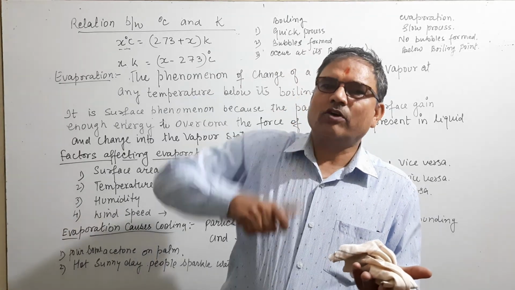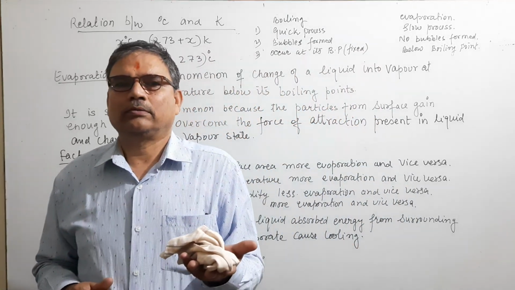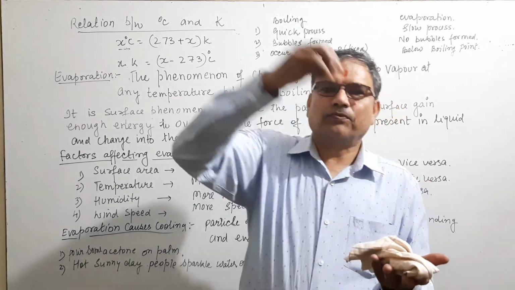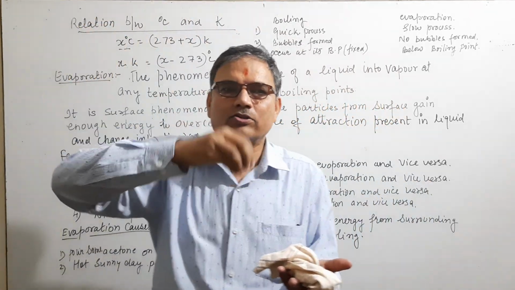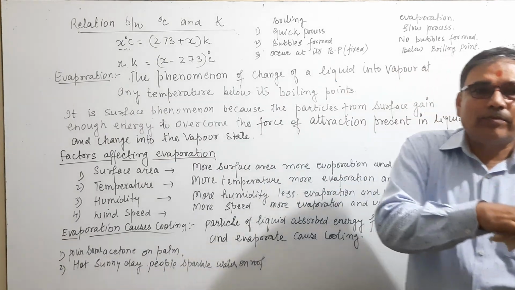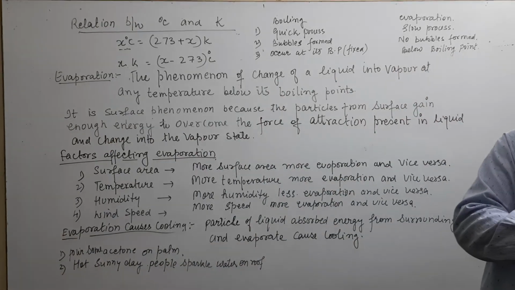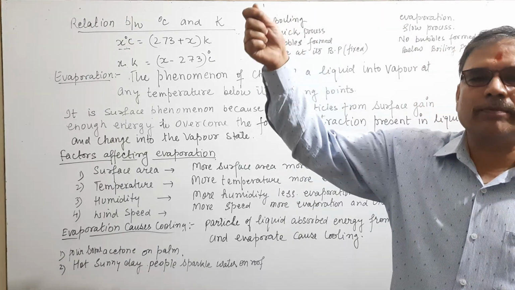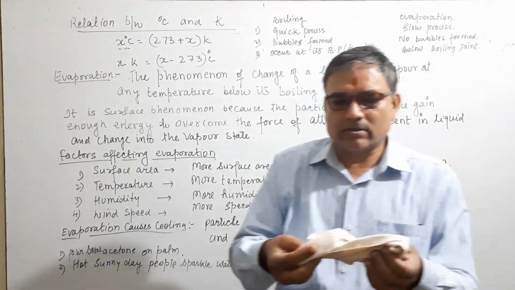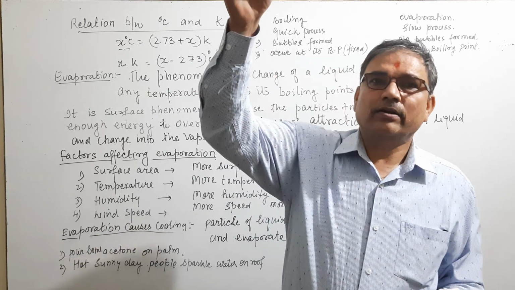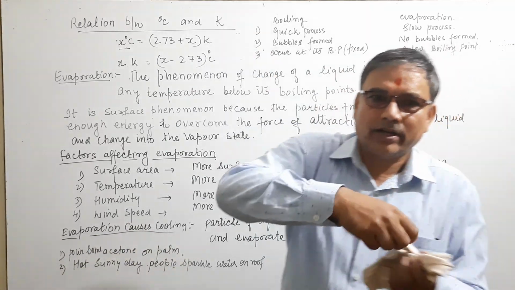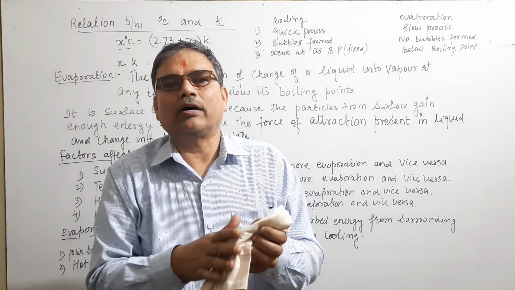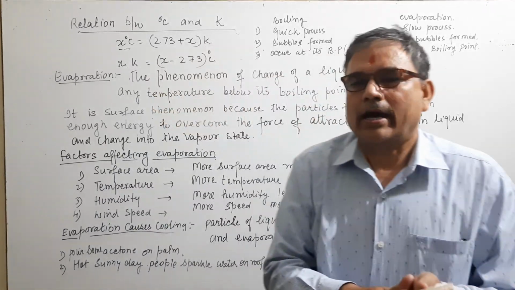But when we switch on the fan, does the water evaporate from the surface fast or slow? I think it will take less time to evaporate. Why? Because this wind increases the rate of evaporation of the water present on the hanky.